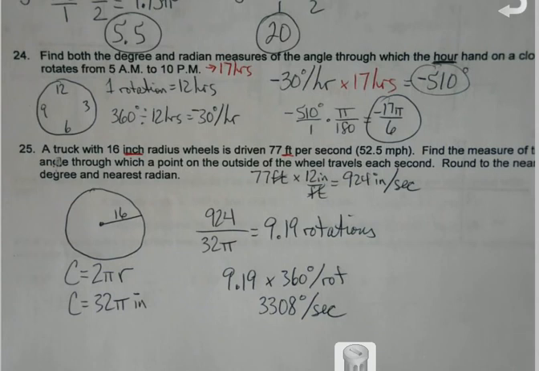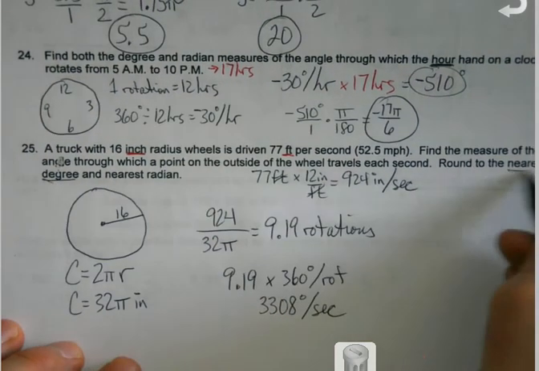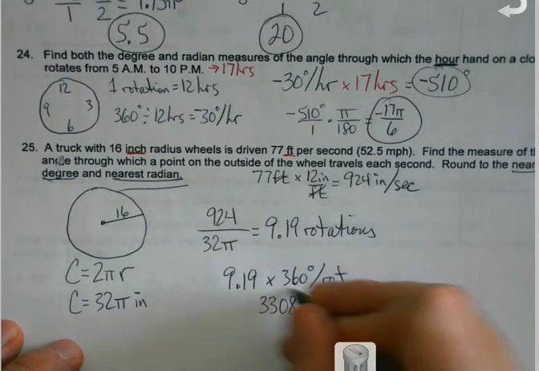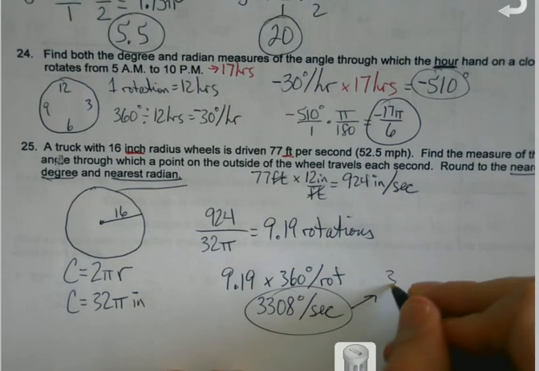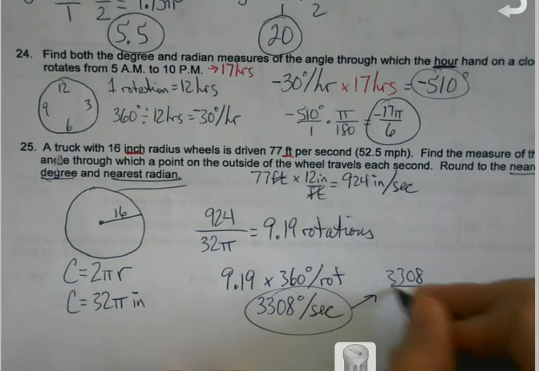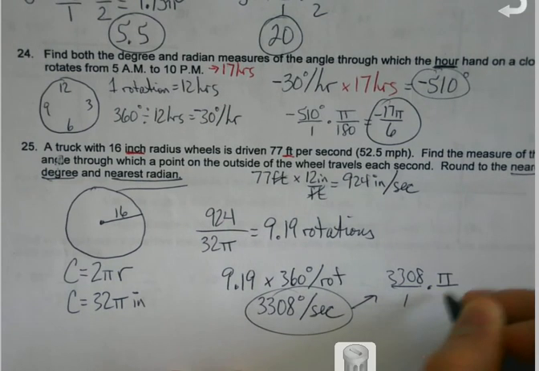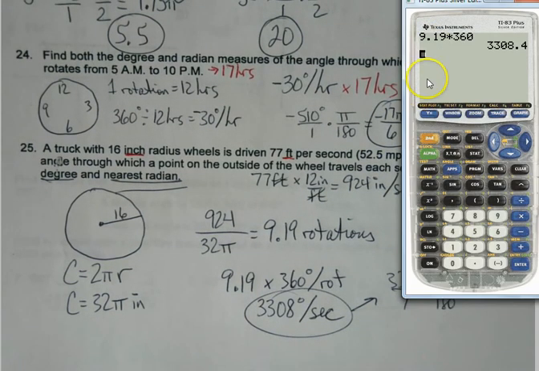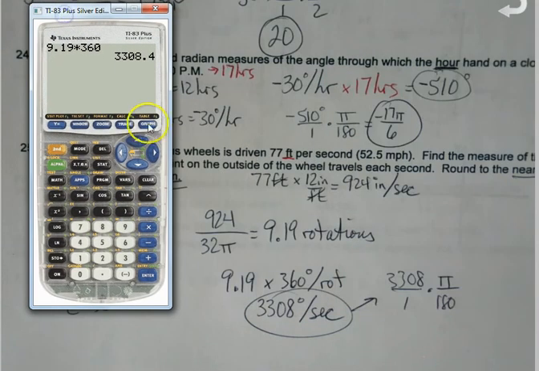So then, they're like, then? What do you mean then? Nearest degree and nearest radian. One more part. 3308 times pi over 180, because I want this in radians. Now let's see if this one comes out nice for me. I don't think this one's going to come out pretty.